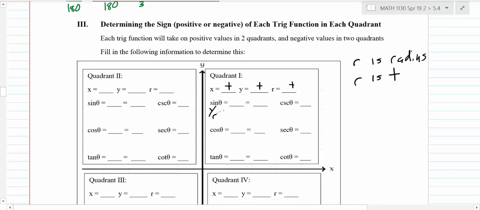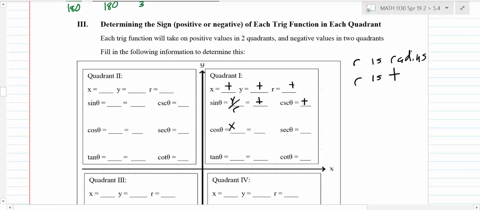The sine is y over r, so that would be a positive over a positive, so it's positive. If you go through and do your definitions, you're going to find that everything is going to be positive in here. If the sine's positive, so is the cosecant, because they're reciprocals of each other.